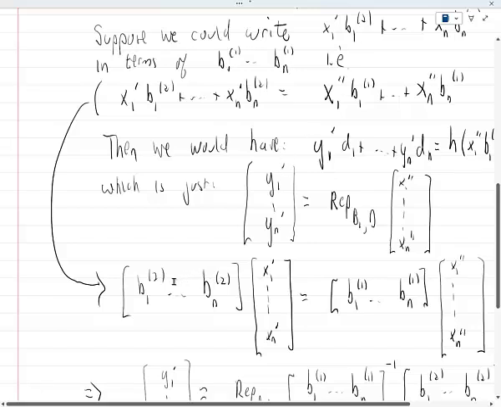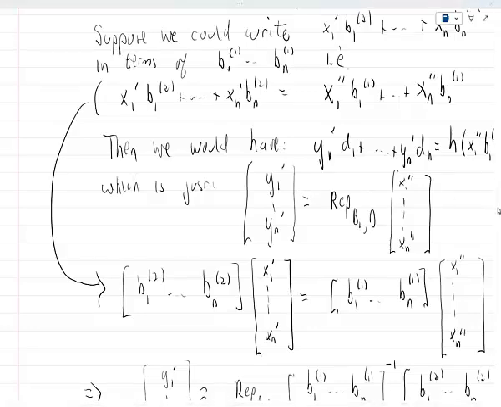We want to rewrite this linear combination in terms of basis B2 as a linear combination in terms of basis B1. And I'm using the same trick of rewriting this vector equation as a matrix equation. I want to go from the x prime coefficients to the x double prime coefficients, so that then I can go from the x double prime coefficients to the y prime coefficients.